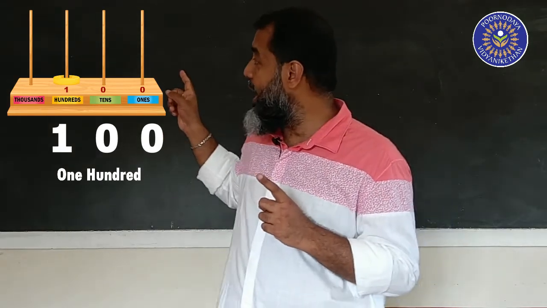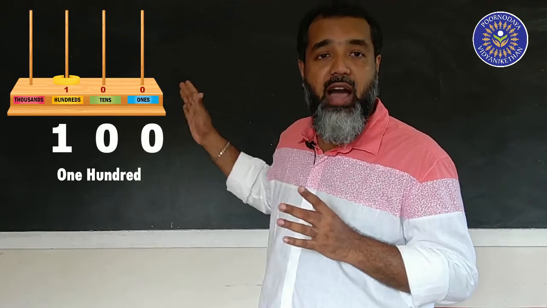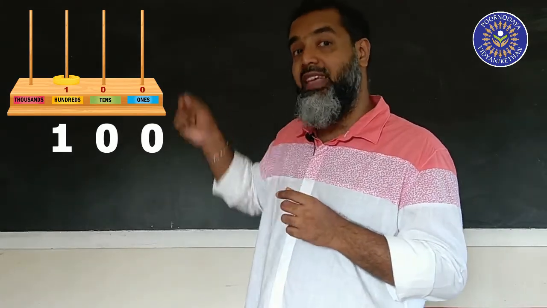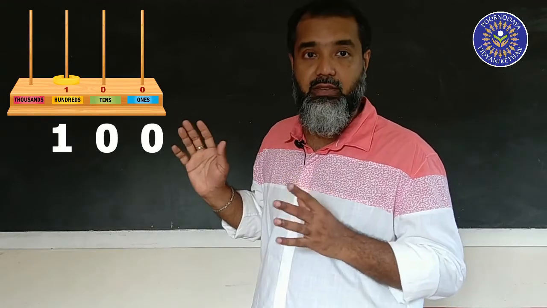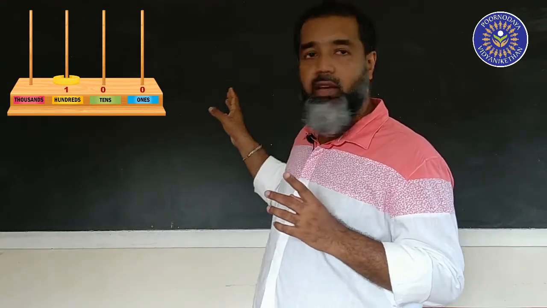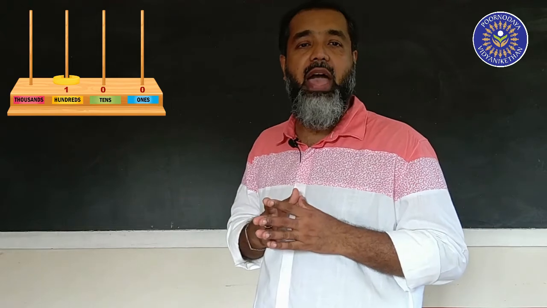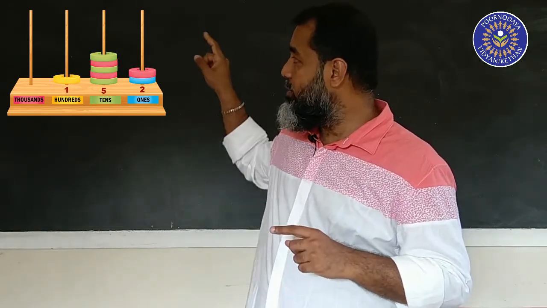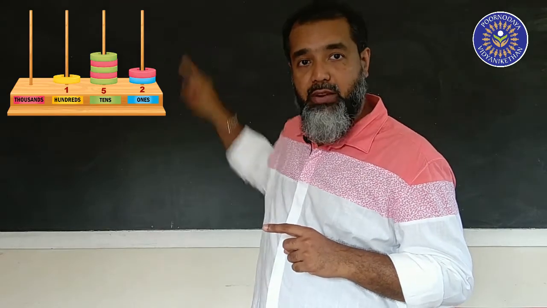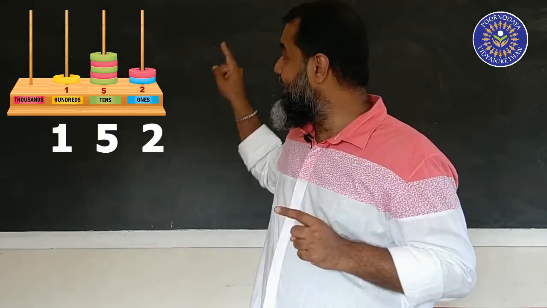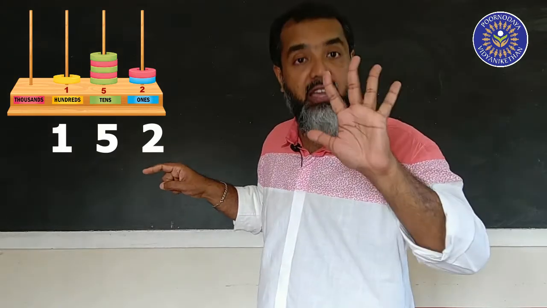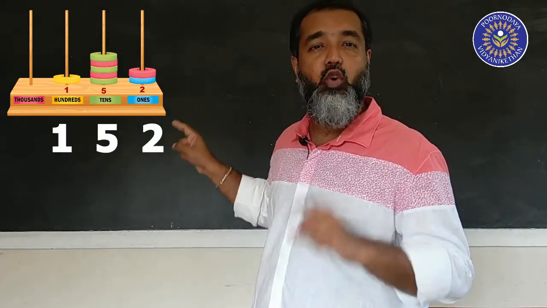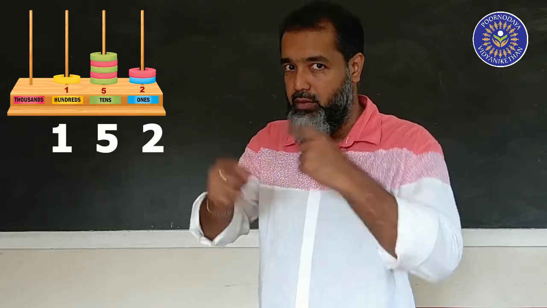Now let's try to add maybe 5 rings in the tens stick. And in the ones place, maybe you add 2 rings. So you will have in hundreds place 1 ring, in tens place 5 rings, and in the ones place 2 rings.